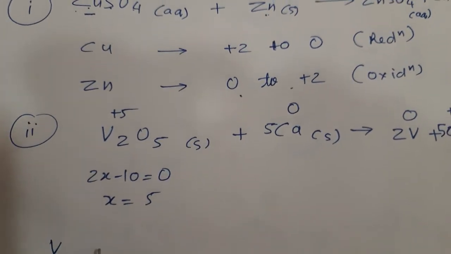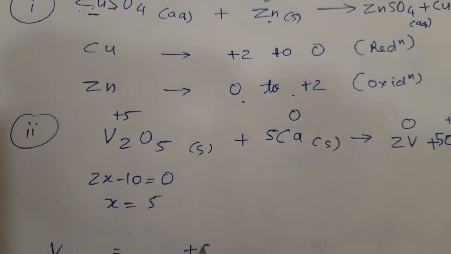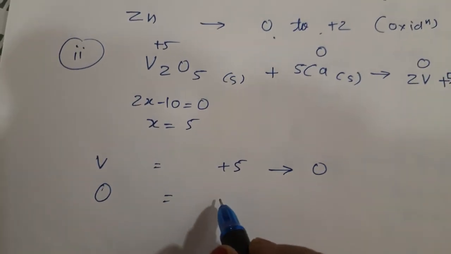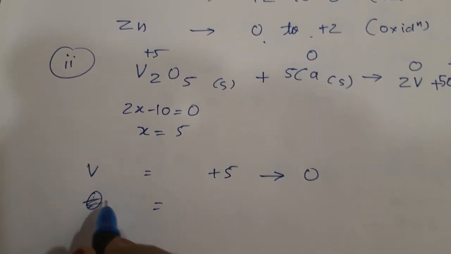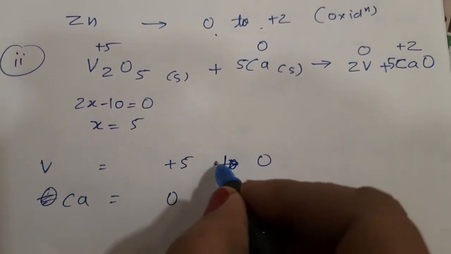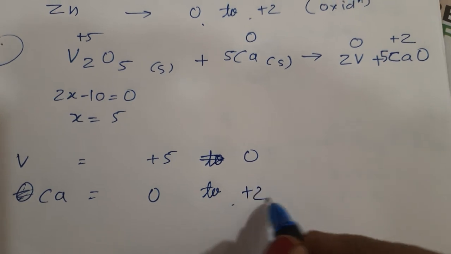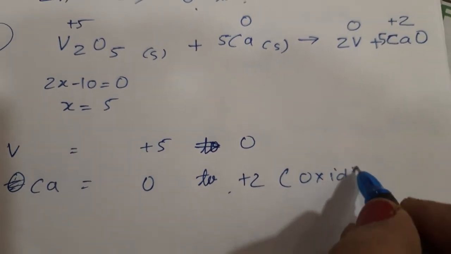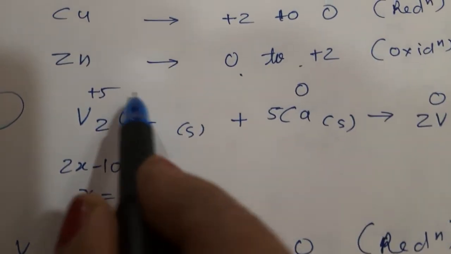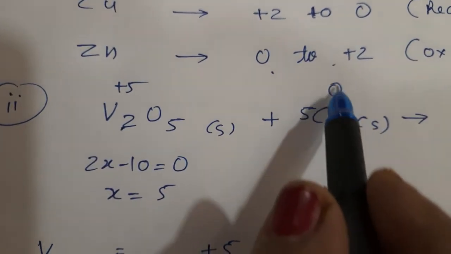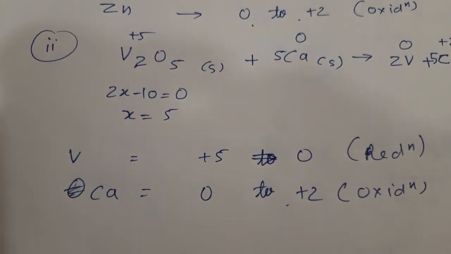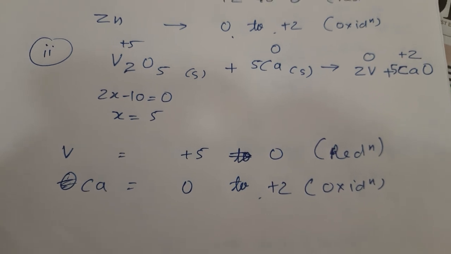So vanadium goes from +5 to 0. And calcium goes from 0 to +2, so this is oxidation and +5 to 0 is reduction. So in this way, in a compound, one metal is displaced by another metal, right? So this is the type of redox reaction of metal displacement type.